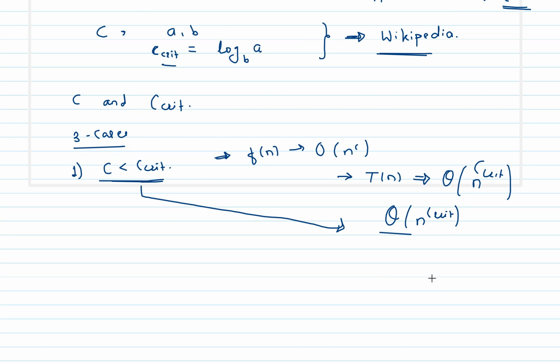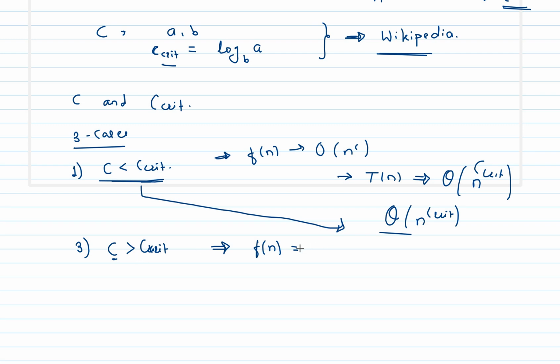Then I will go to the third case, which is c is greater than c critical. Even we can have it as a second case, not a problem, but we'll just follow the same. So c is greater than c critical. Then in this case, f of n might have some power, where c has a very high value and c critical has a lower value.